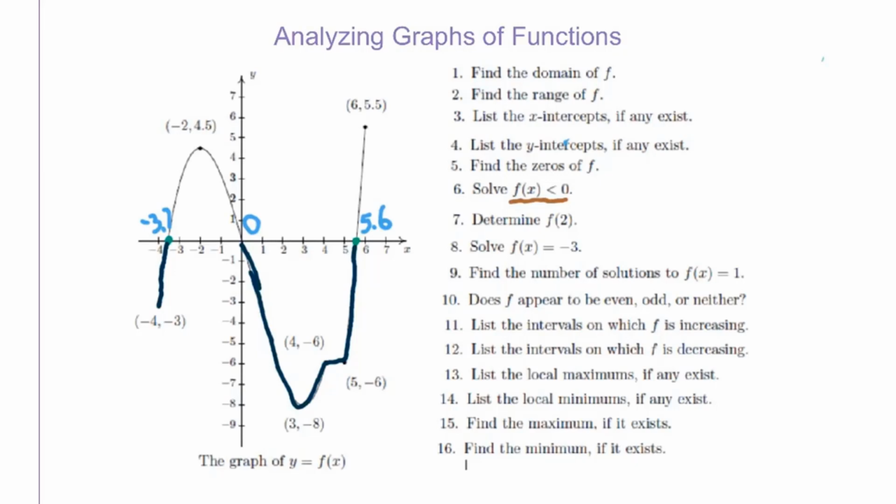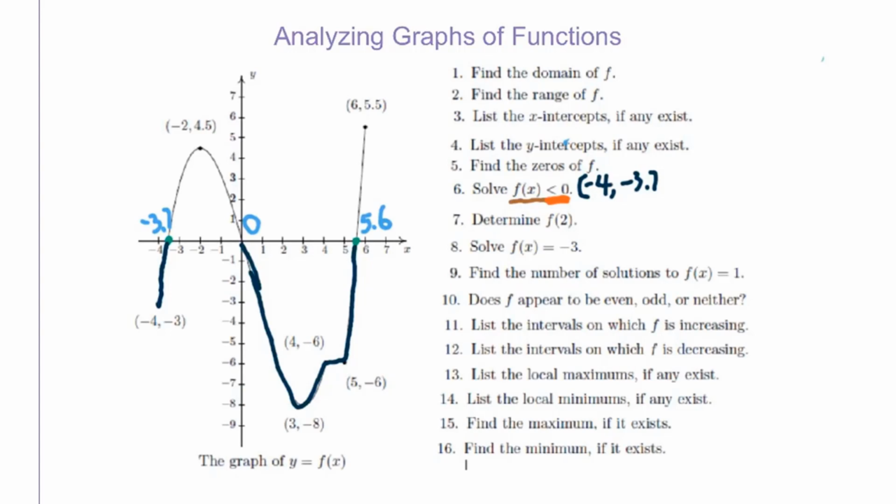For this part, we know the domain is between negative 4 and negative 3.7. Since f(x) is less than 0, there is no equal sign. As we know, for the x-intercept, f(-3.7) equals 0.